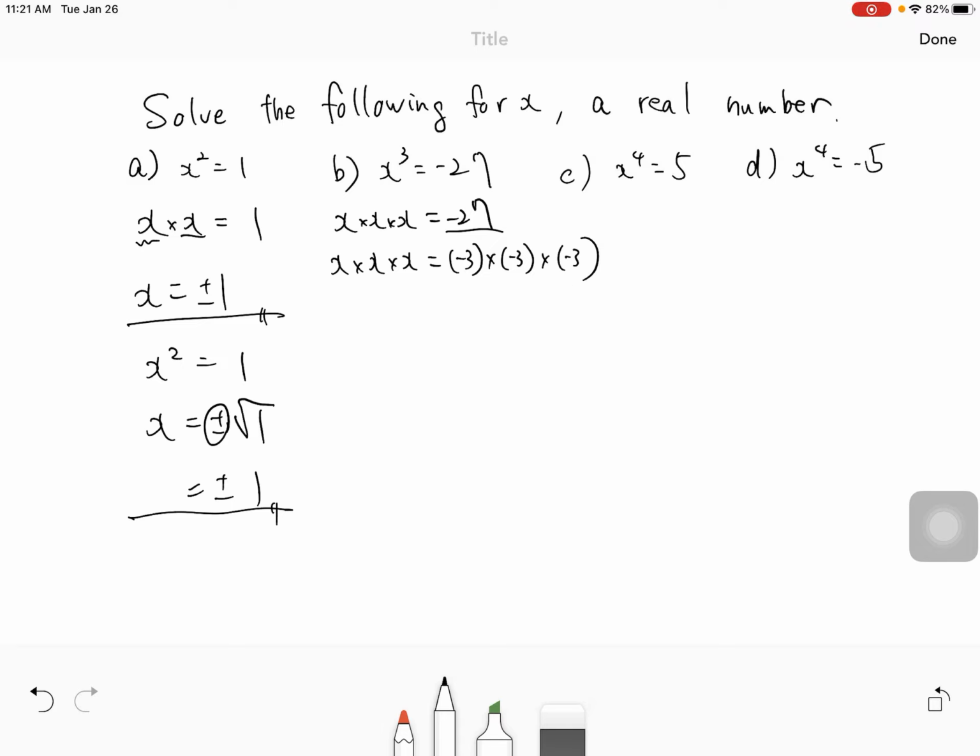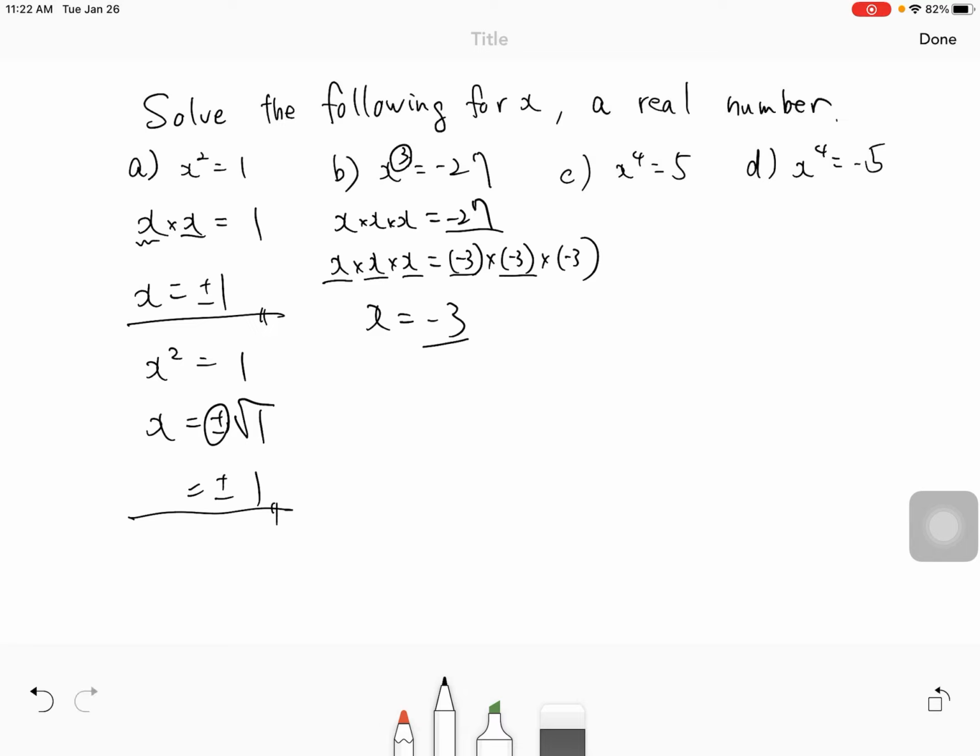Yeah, this satisfies this equation. x can be the same number and it corresponds. So x is equivalent to negative 3. In this case, the answer is only negative 3. That's because if this one is 3, I mean the positive number, it cannot be negative 27.